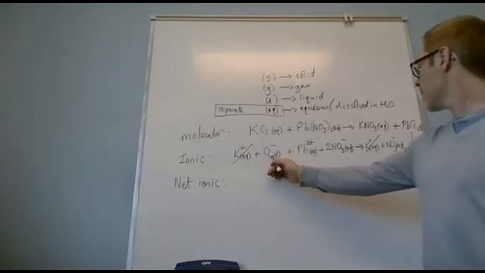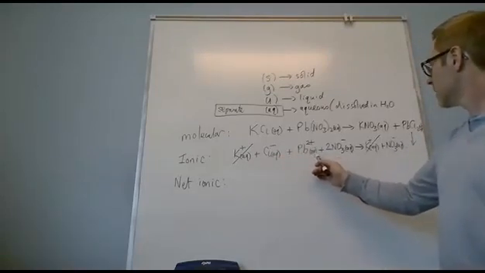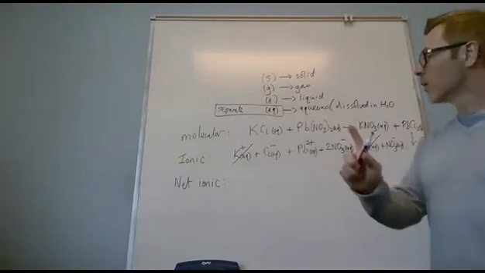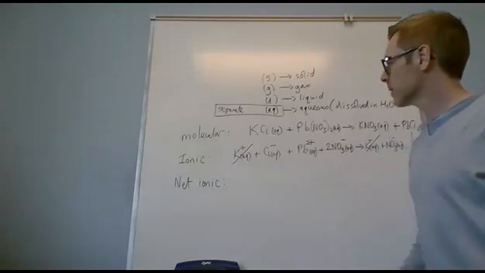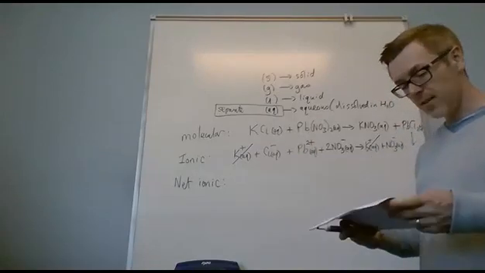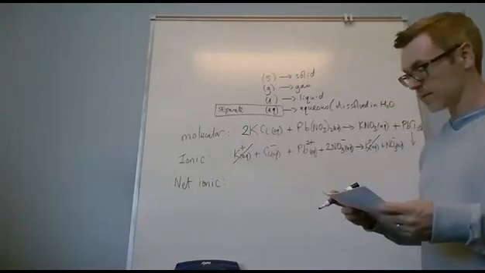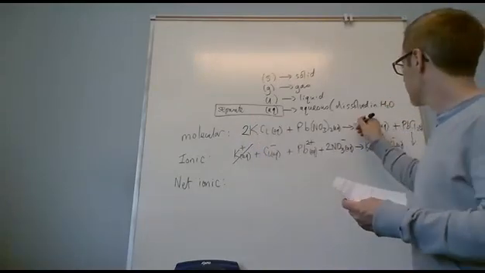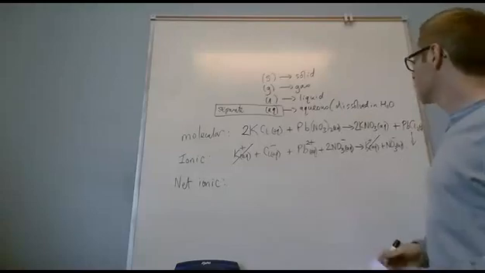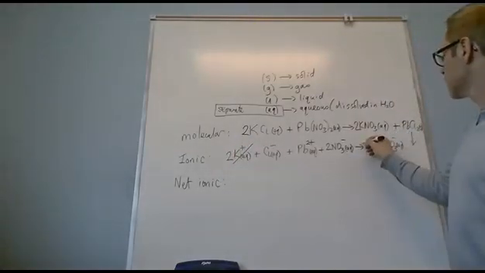One thing I didn't do, because I'm a bad chemist, I forgot to balance the original molecular equation. So had I done that, because this will affect our calculation, so that's very bad. I really should have had a 2 here and a 2 here.